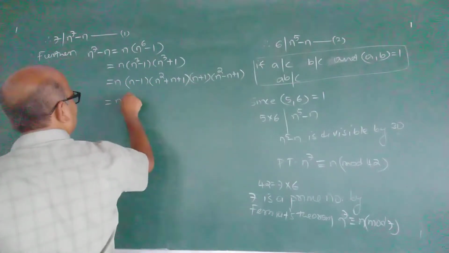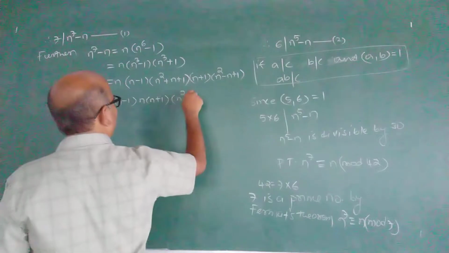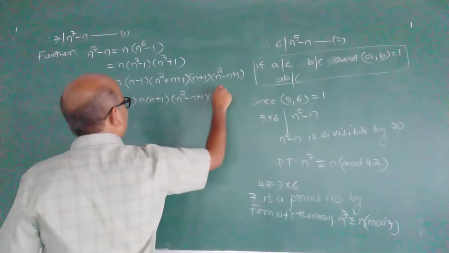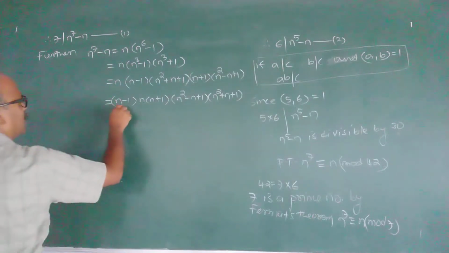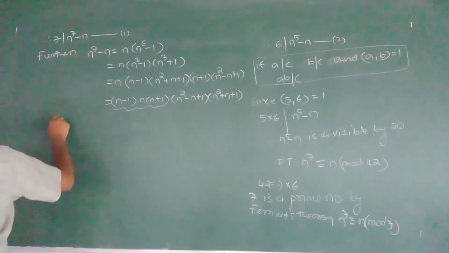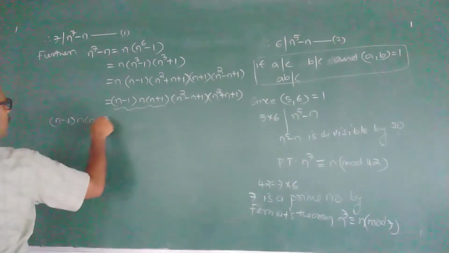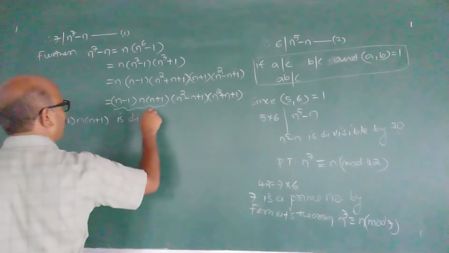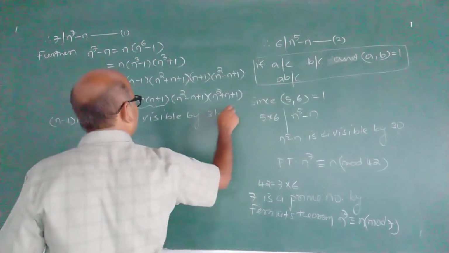It is therefore n minus 1, n plus 1 into n square minus n plus 1, n square plus n plus 1. Now, what is this? Product of three consecutive integers. N minus 1, n, n plus 1 is divisible by 3 factorial, that is 6.